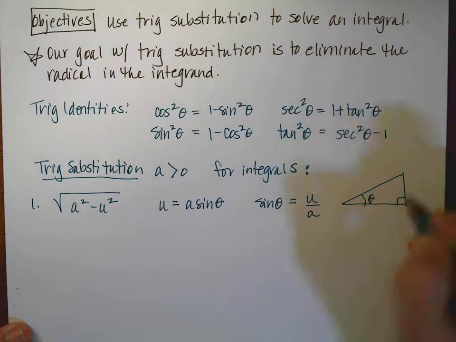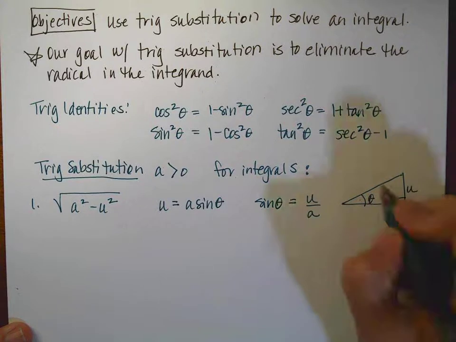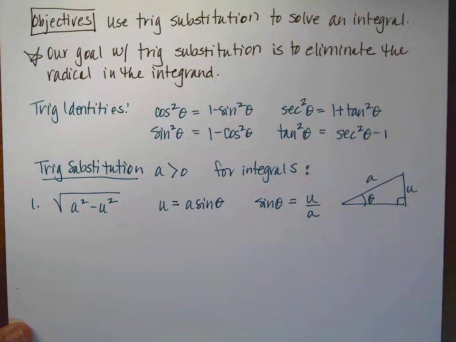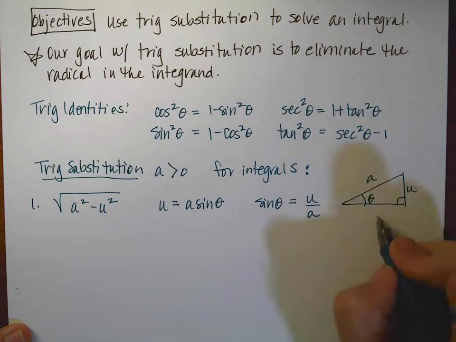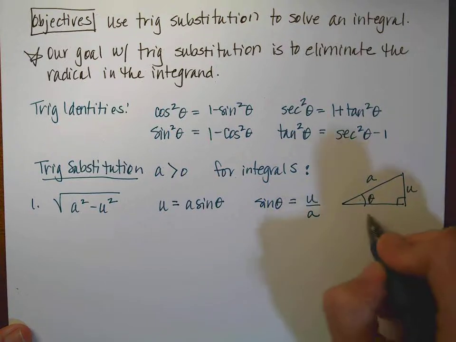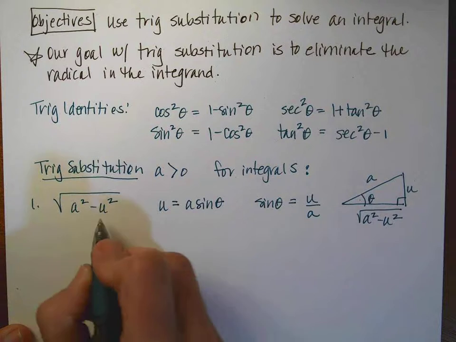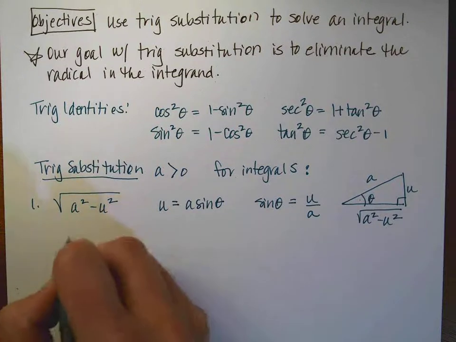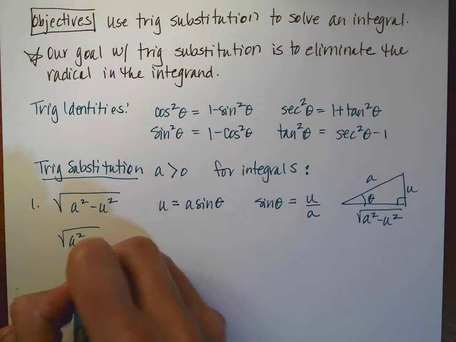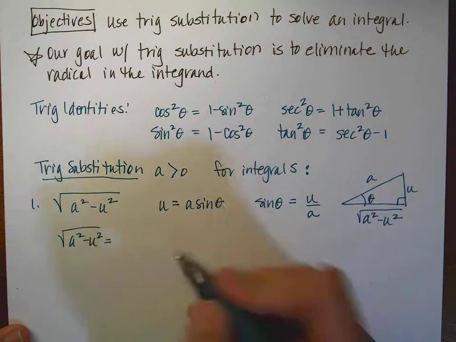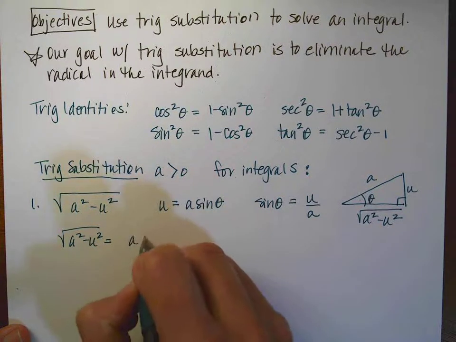If I solve for the sine of theta, I get u over a. Then I draw the right triangle associated with that. If this is theta and sine is y over r, then with the Pythagorean theorem I find the x distance is the square root of a squared minus u squared. So the square root of a squared minus u squared equals a cosine theta.